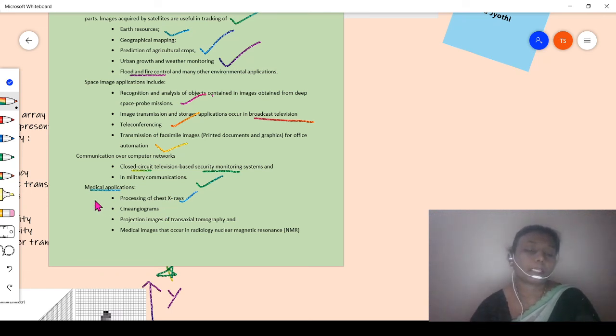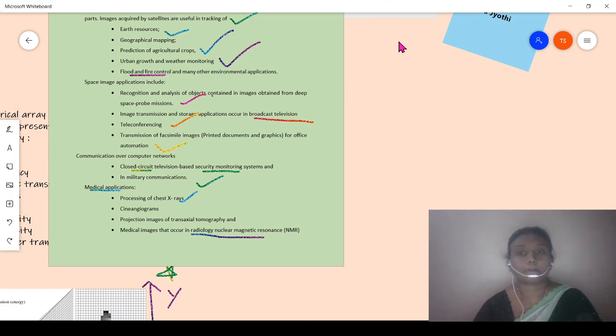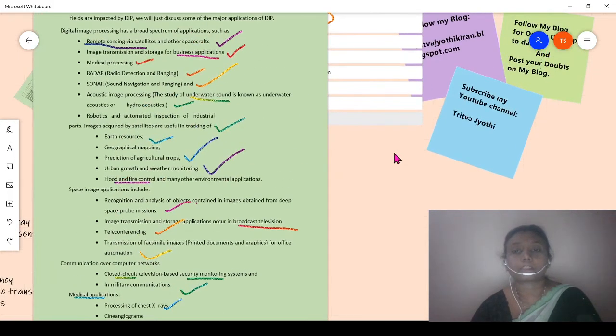So in medical applications, image processing plays a very major role. Projection of images and medical images in radiology, nuclear magnetics, all these are very important and familiar image processing applications.